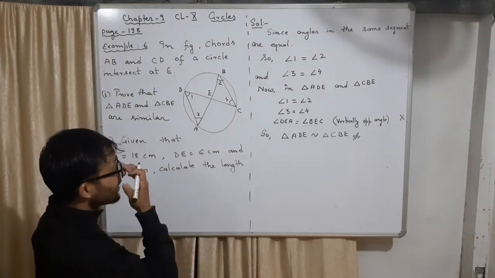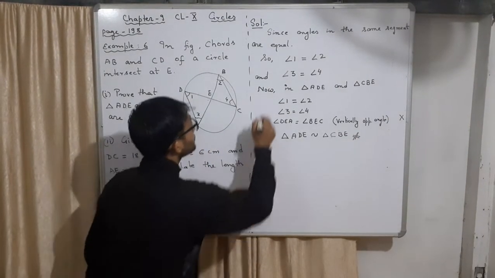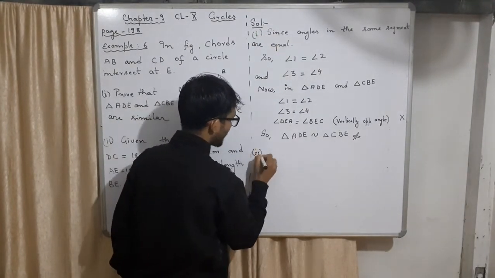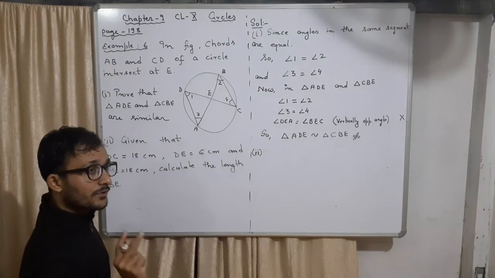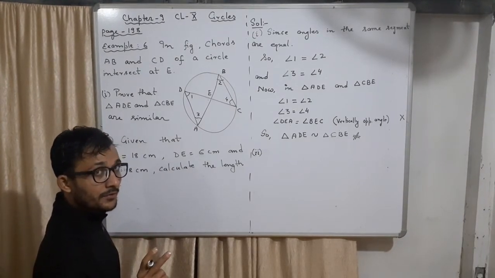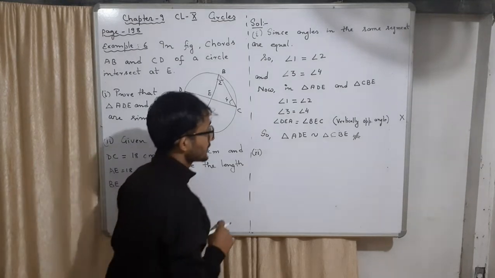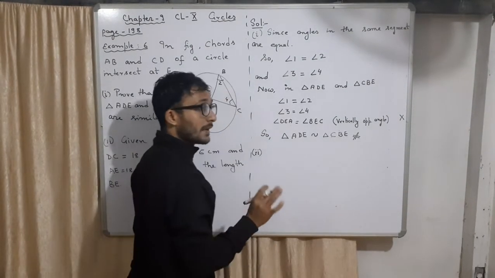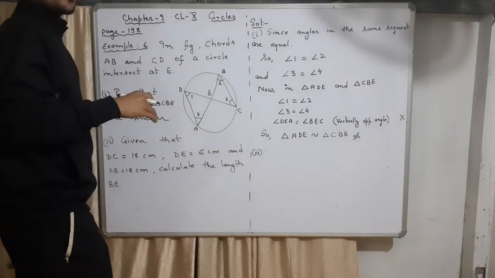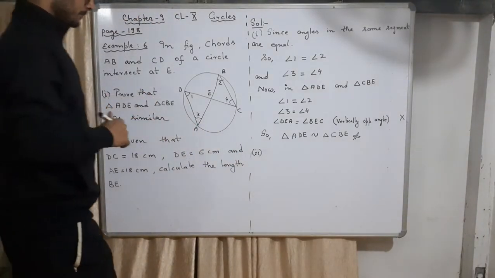Now you have to go back to the previous chapter, Triangles, in which we already know that if two triangles are similar, their corresponding sides are proportional. What does that mean? If you divide a side of one triangle by the corresponding side of the other triangle, the ratios are always equal. Let us see how.